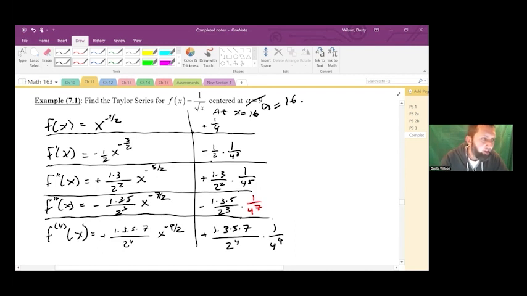And notice that 4 would be 2 squared, 4 cubed would be 2 to the 6th, 4 to the 5th would be 2 to the 10th, 4 to the 7th would be 2 to the 14th, and 4 to the 9th would be 2 to the 18th. Each time we're doubling the power.